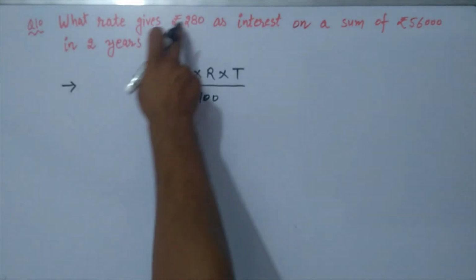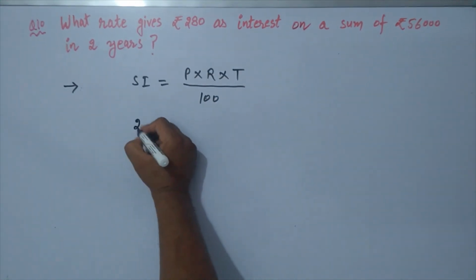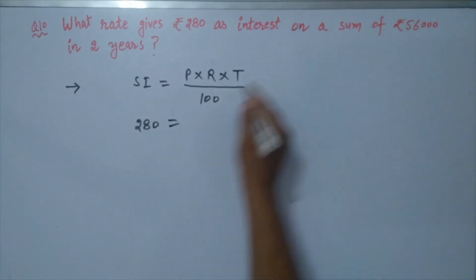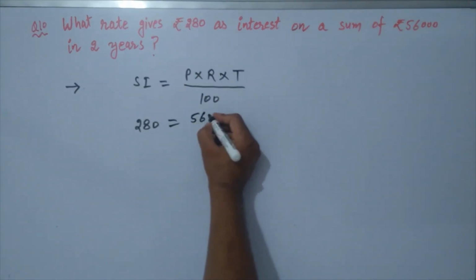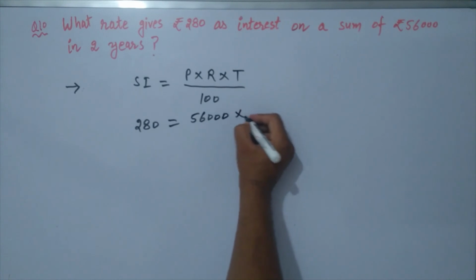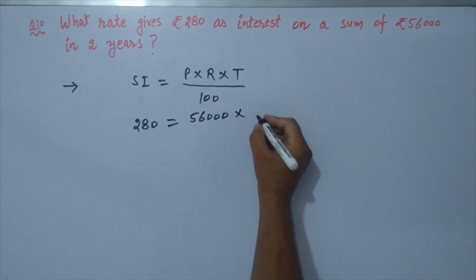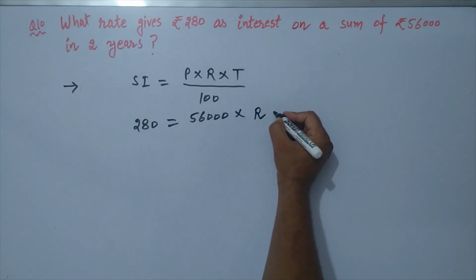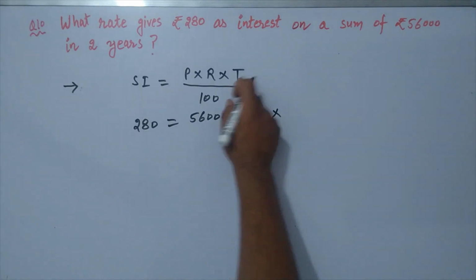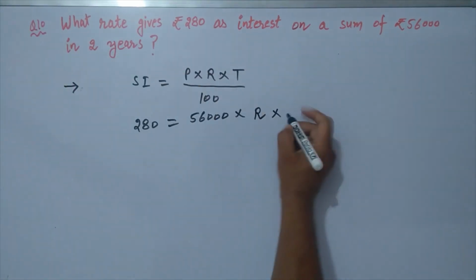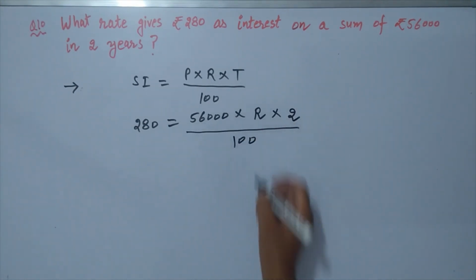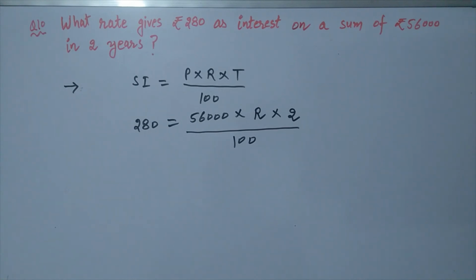Here simple interest is given. This is 280. The principal amount is also given. This is 56,000 into at what rate? Rate is not given, so we write this as R into time. Time is given, 2 years. Divided by 100.